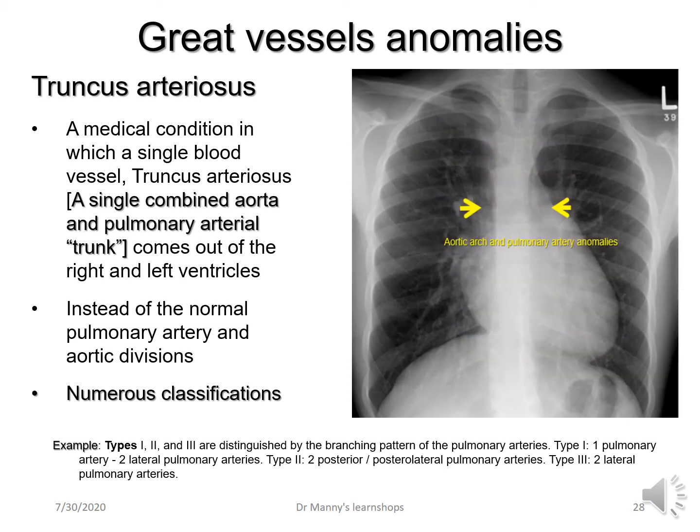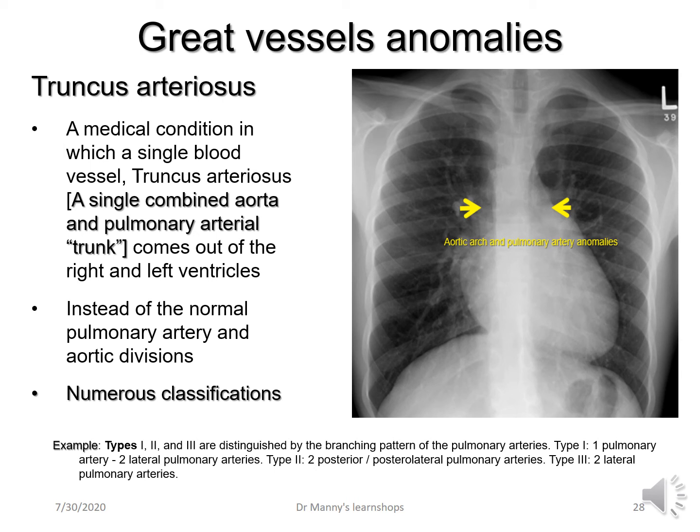What you see on chest X-ray is possibly a widened mediastinum where the aortic arch and the pulmonary artery are combined. However, on physical assessment, this would be noteworthy. This typically becomes a cyanotic cardiac anomaly where the infant will be cyanosed and require further investigation.